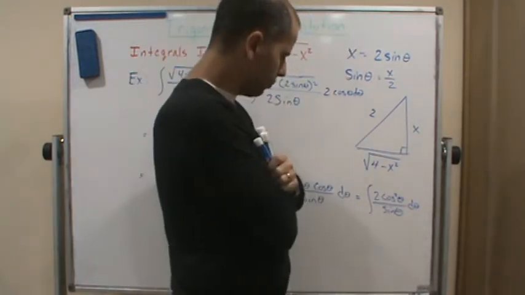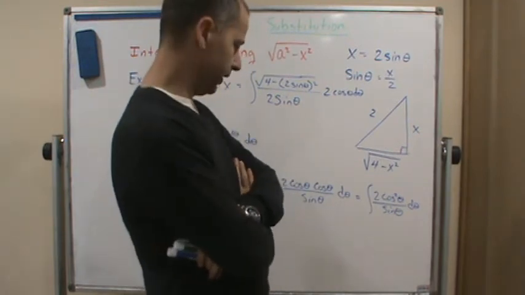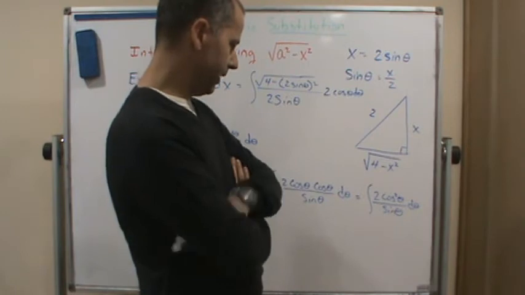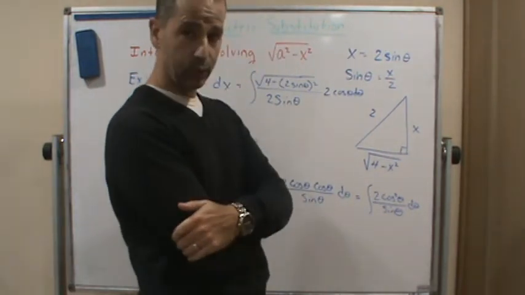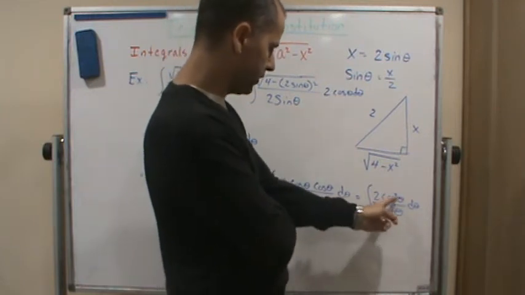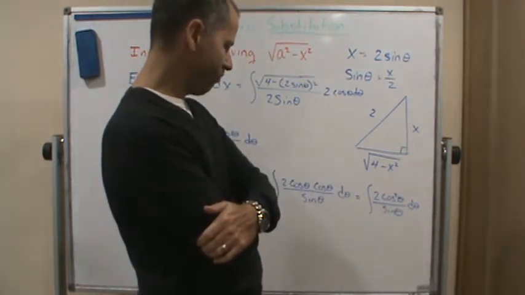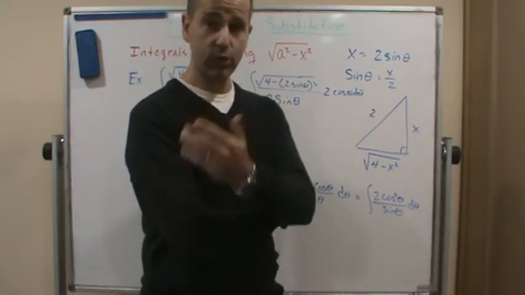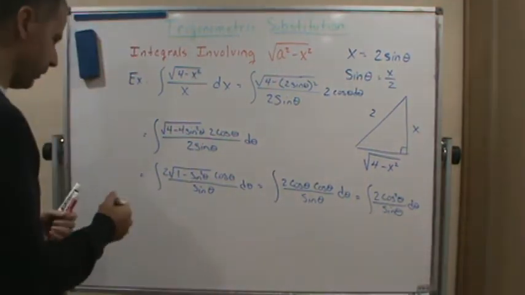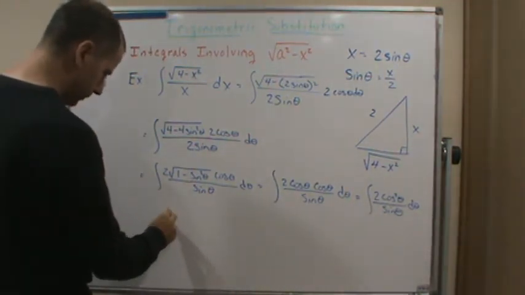Because again, there's really nothing we can do with this the way it is. I'd love to do a u substitution at this point, but it's not possible. If it was the other way around, if sine was on top, then yeah, we would be able to do it. But it's that cosine squared that's messing it up. So let's do the Pythagorean identity and see what happens here.